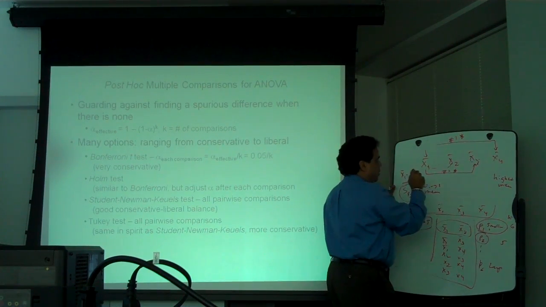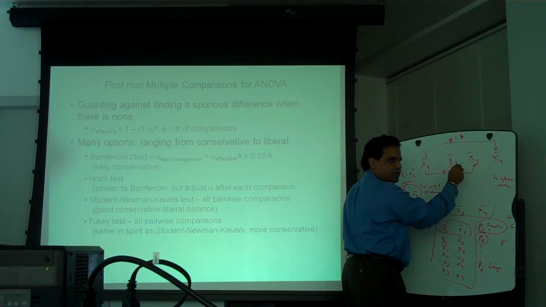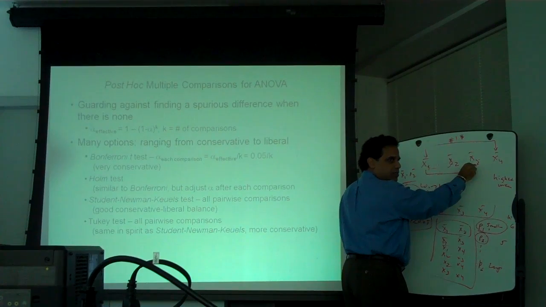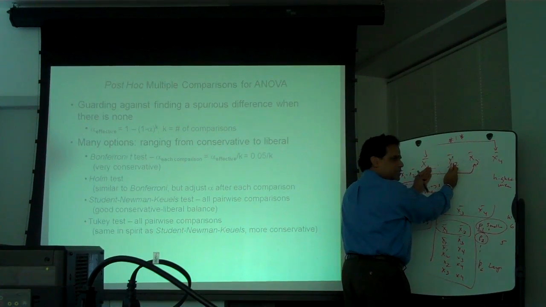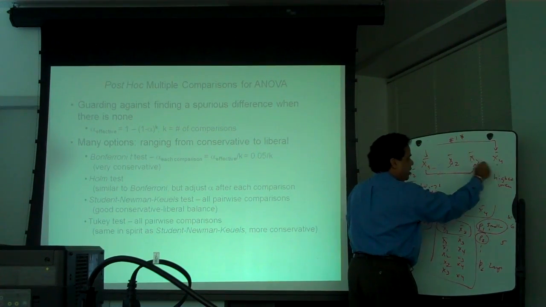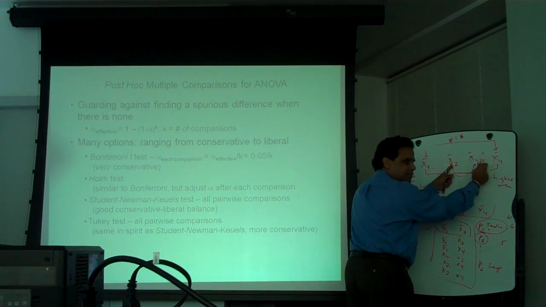Now, the only last point is, let's say you found a difference here, right? Let's say you did not find a difference here. You stop, in the sense that you do not go inside anymore. You cannot do this anymore. You go now this way. And let's say you didn't find a difference here, no more comparisons here.